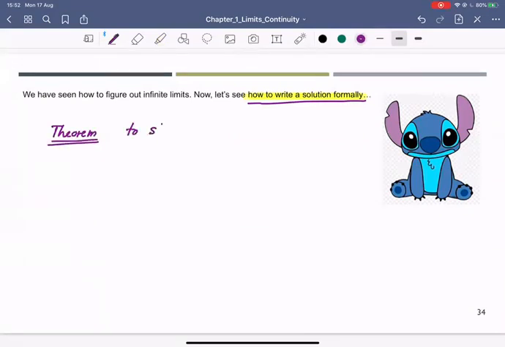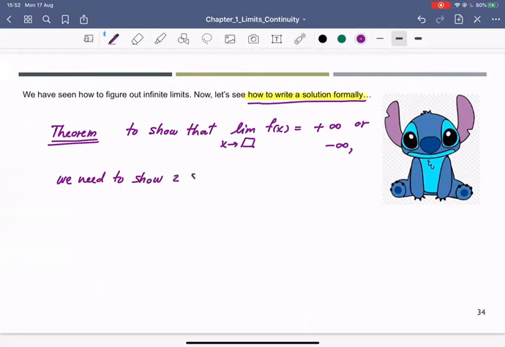To show that the limit when x goes to something is equal to plus infinity or minus infinity, we need to show 2 steps. If you don't show these 2 steps, it is not acceptable.